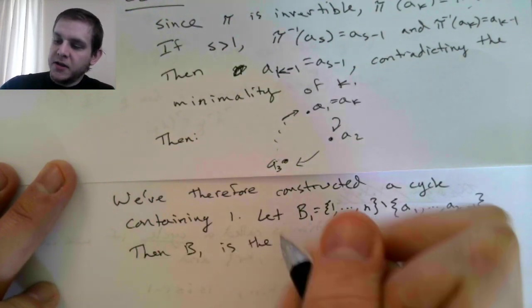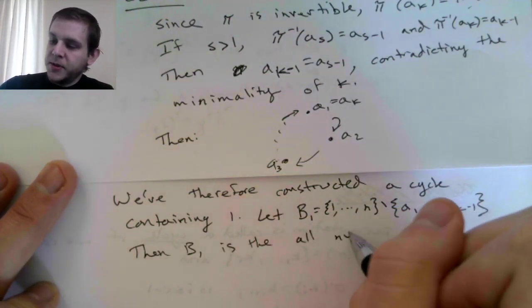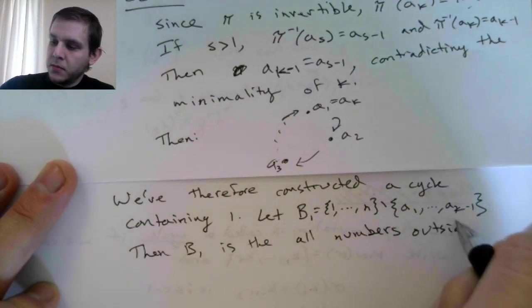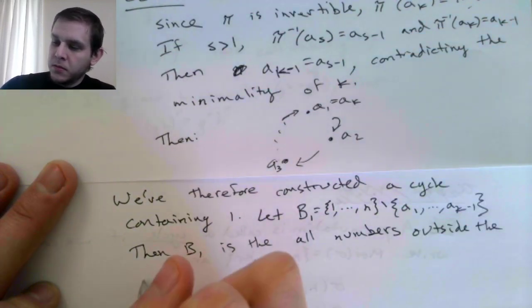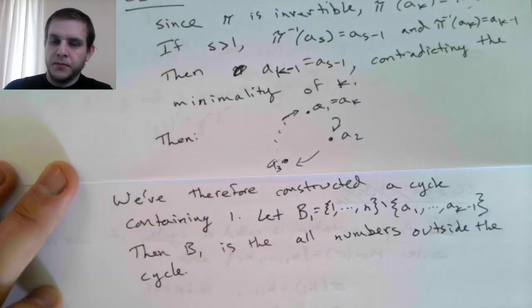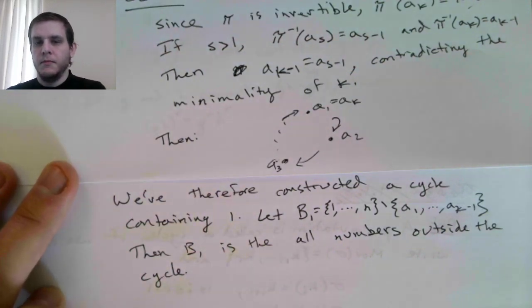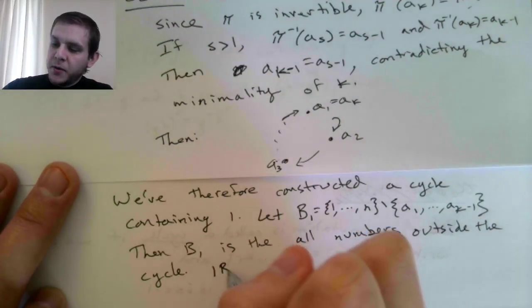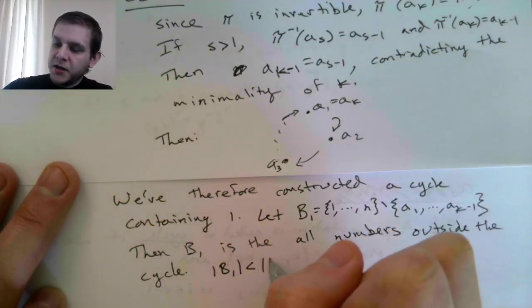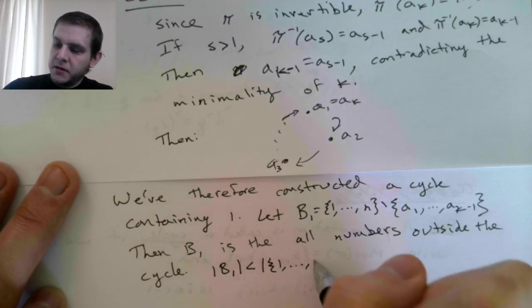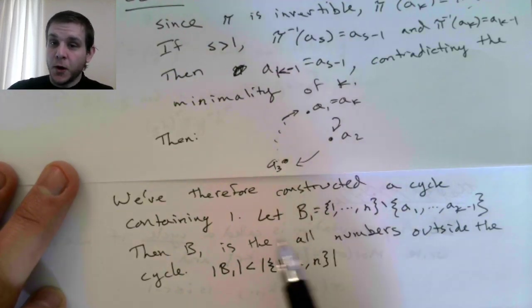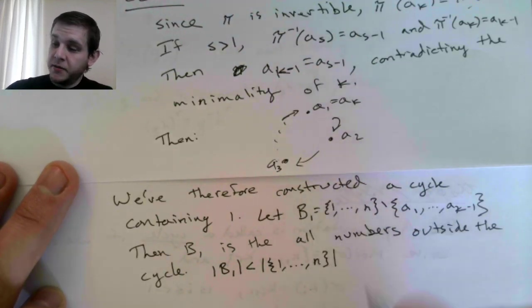This is a set of all things, all numbers outside the cycle. The cardinality of B1 is less than the cardinality of this. So I can repeat the above arguments by just choosing the first element of B1 and building a cycle there.